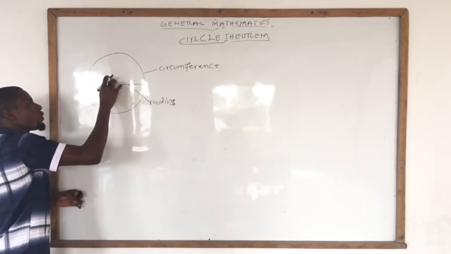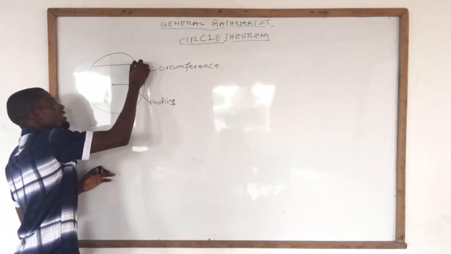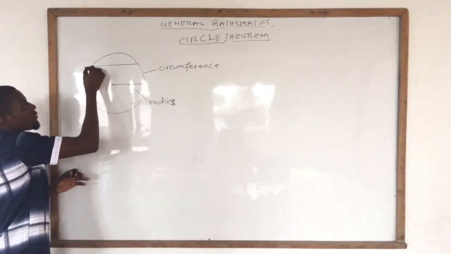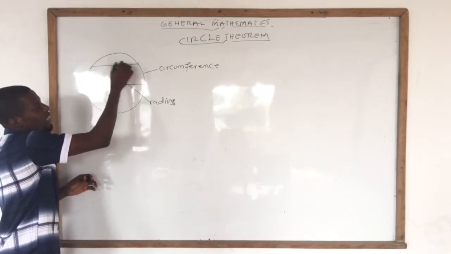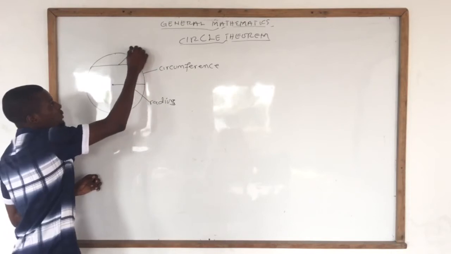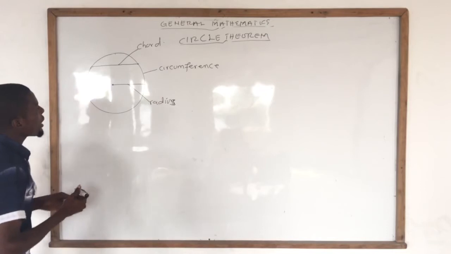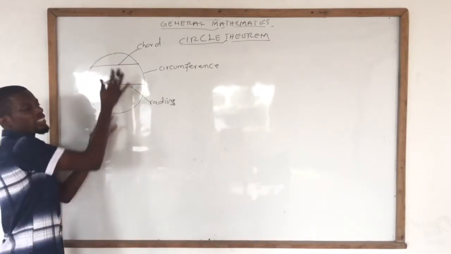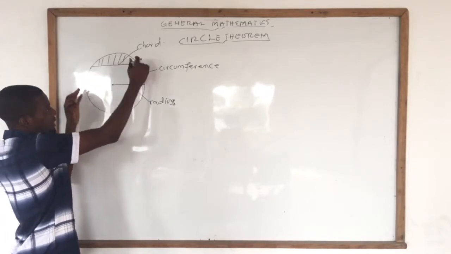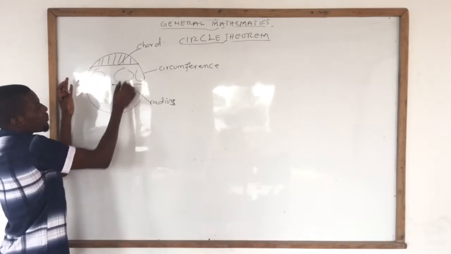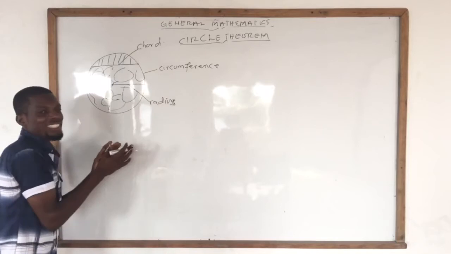Now, whenever you draw a line from one part of the circumference to the other without passing through the center, you realize that we started from one point on the circumference and ended at another, but it didn't pass through the center. That particular line is what we call a chord, okay? A chord separates the circle into two parts, so a chord divides the circle into what we call segments.